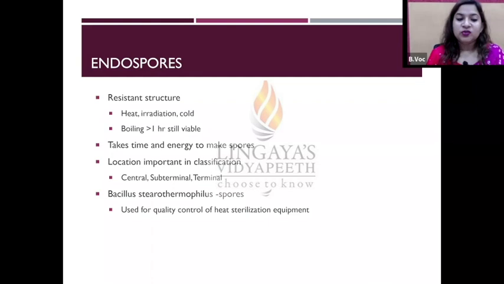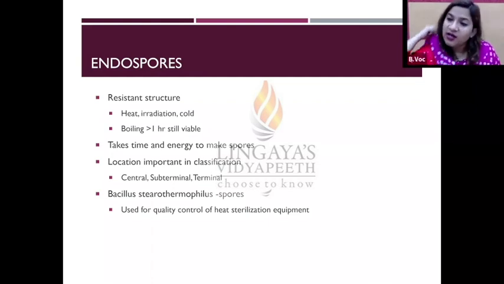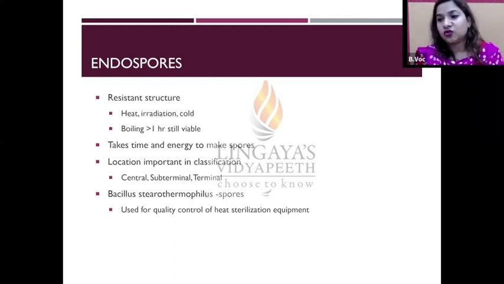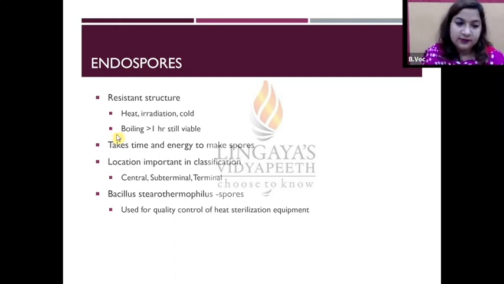They are also used for quality control of heat sterilization equipment, to see if the equipment is able to destroy all these spores or not. The spores are destroyed only by the process of sterilization, and they are not destroyed by the process of disinfection. All right.